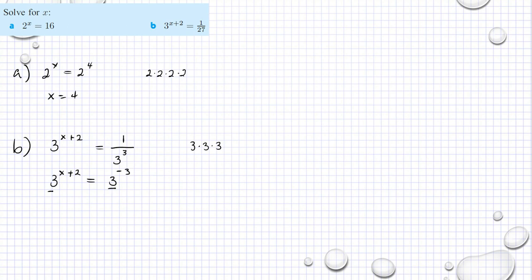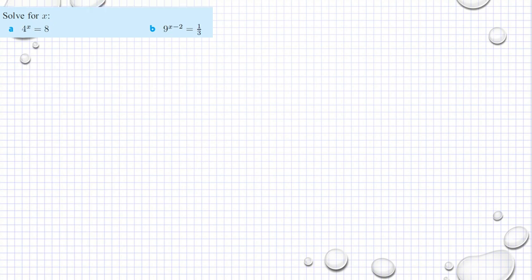Now we have the same base. x plus 2, the exponent, we can equate to negative 3. So we have minus 2 on both sides, so x is equal to negative 5. You can check if it's correct. We have 3 raised to negative 5 plus 2, which is equal to 3 raised to negative 3. As you can see, it is correct.